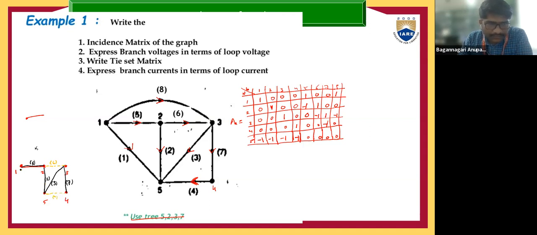And between 1 and 5, branch 1 is missing, so we give a link here. Similarly, there is a missing branch here, which is number 8, and I provide a link. I also have to give directions of currents for all the links, so I am giving the direction of currents here.